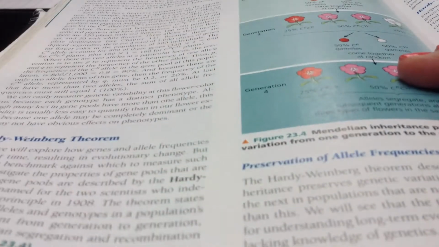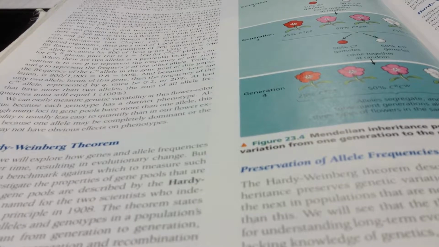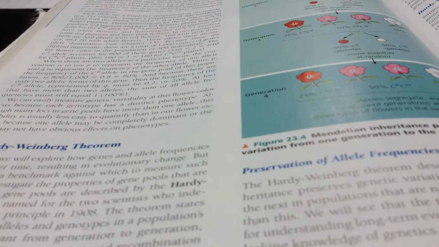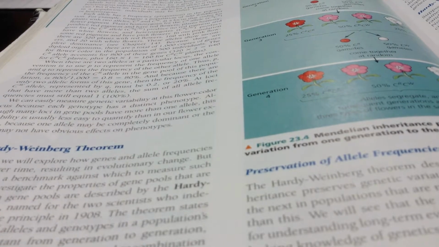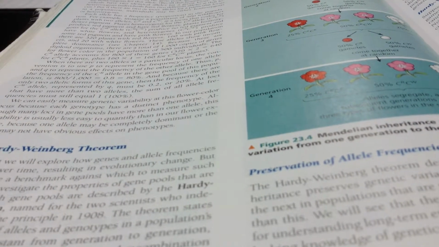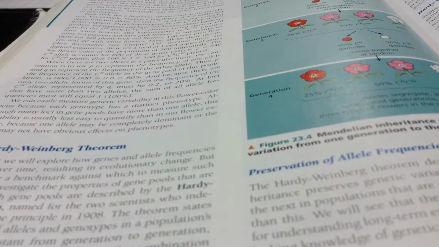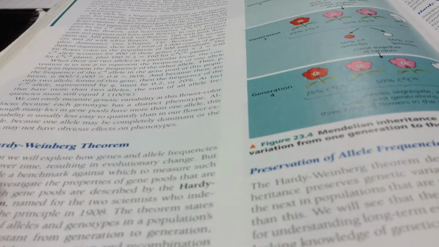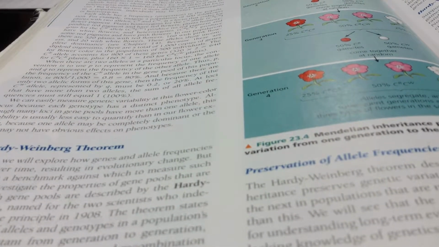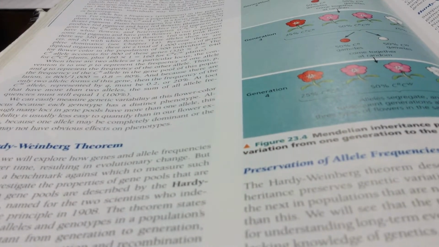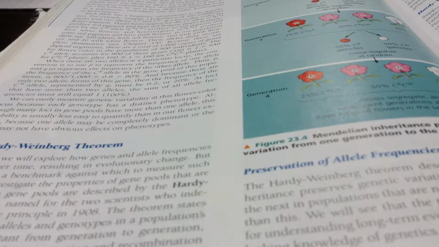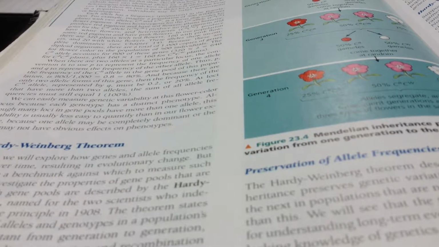Okay, so this is what pulls in the Hardy-Weinberg, right? We are using Hardy-Weinberg to show whether a population is evolving or not. You need to know the 5 requirements of being a Hardy-Weinberg population and be able to use the equation in any sort of question that's thrown at you.